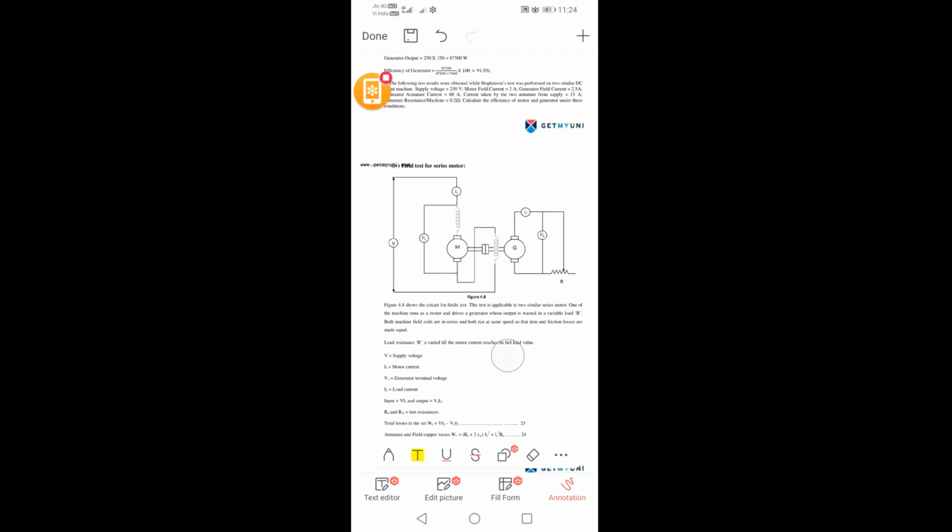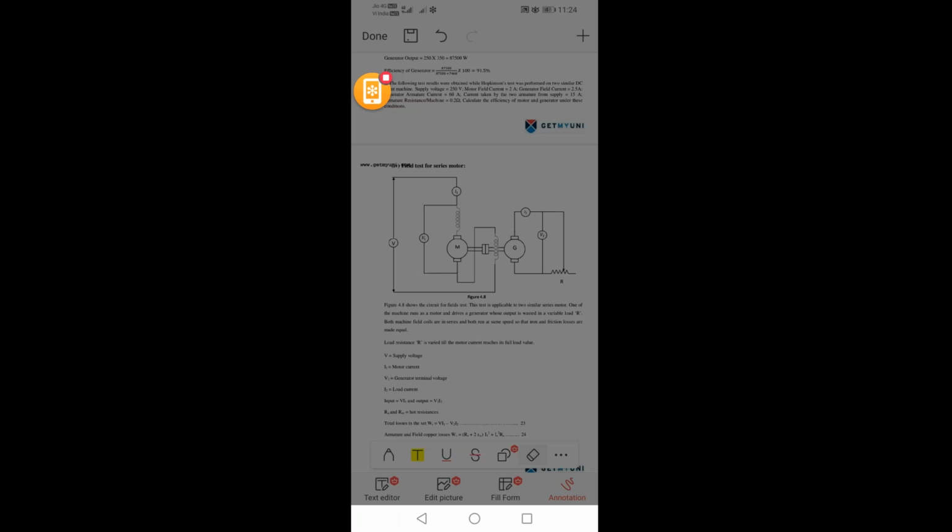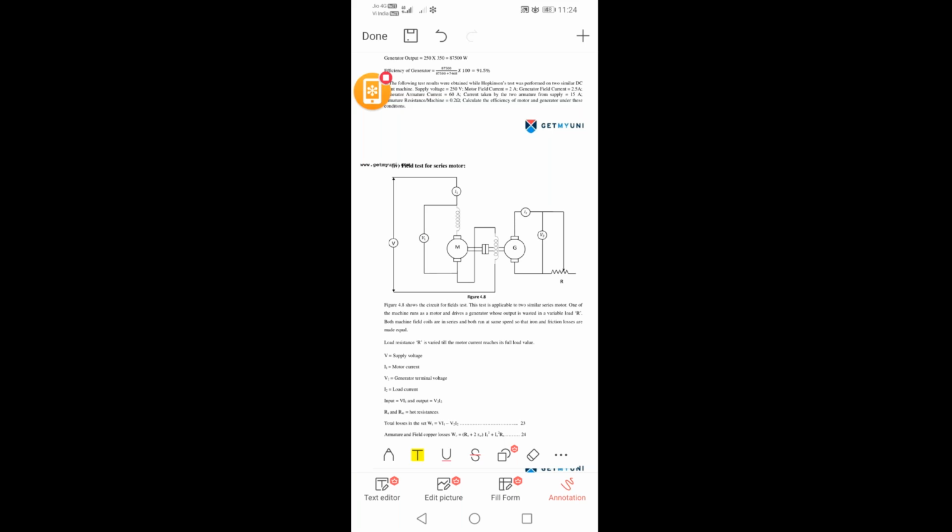Now let me see what parameters we can discuss here. The first thing is the load, which we are considering as R, and one more thing: R is varied till the motor current reaches the full load current.